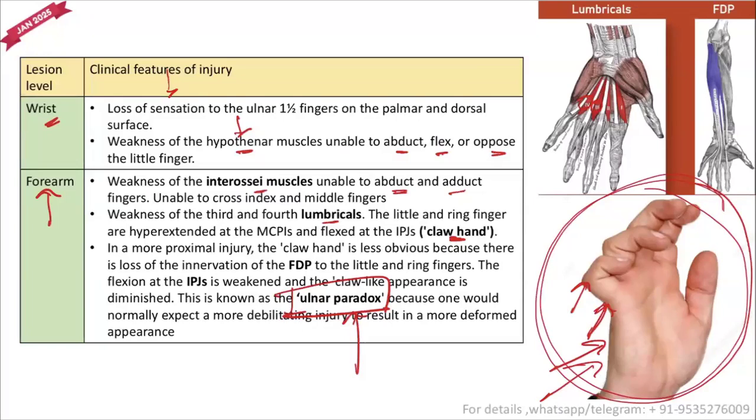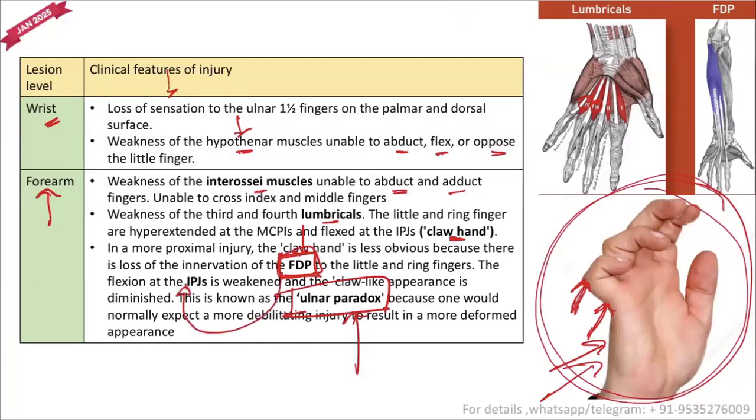Why does this happen? This mainly happens because a branch to the flexor digitorum profundus comes off the ulnar nerve in the forearm, so the flexor digitorum profundus also gets involved. The flexor digitorum profundus is important because its action produces flexion at the interphalangeal joint.